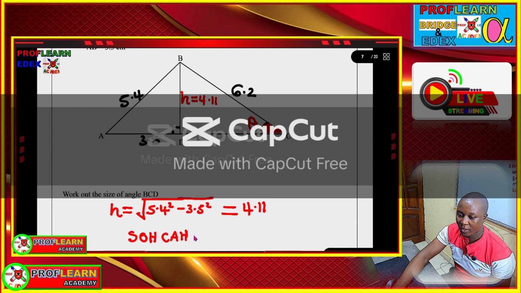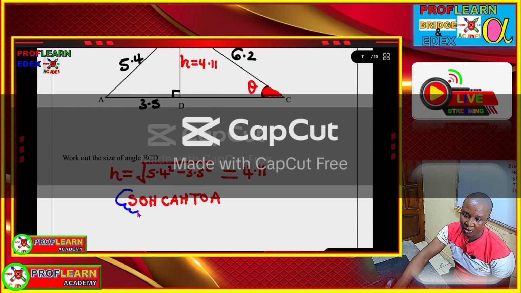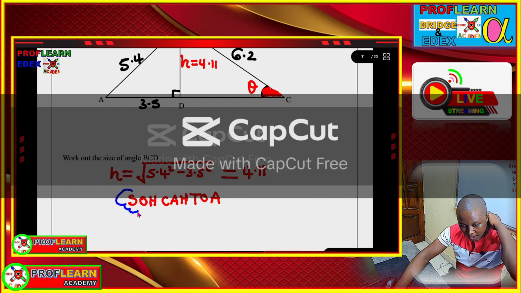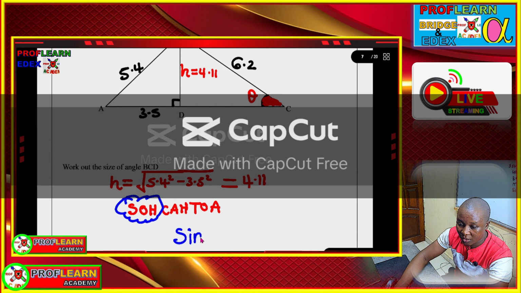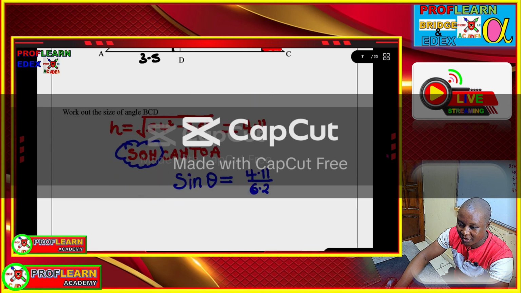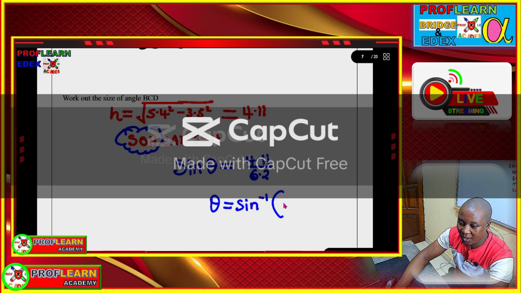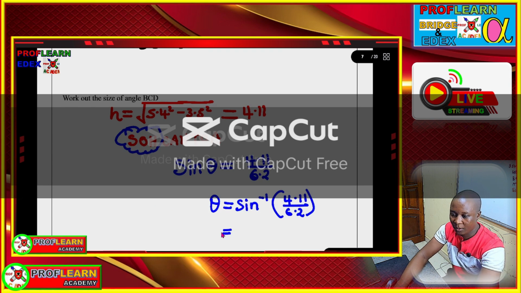So if we work it out, we are going to get our answer equivalent to 4.11. Then we can now use SOHCAHTOA in order to find the missing angle. So since we have hypotenuse which is 6.2 and opposite which is 4.11 for that particular angle, we can say sine theta is 4.11 over 6.2, which is going to translate to sine inverse of 4.11 over 6.2.